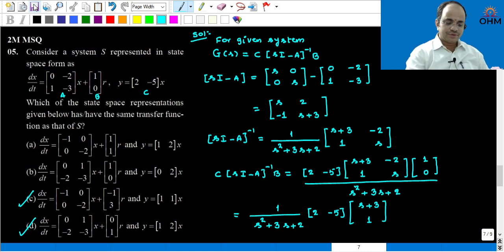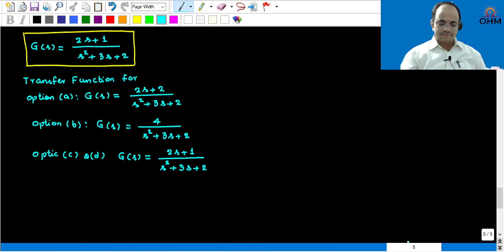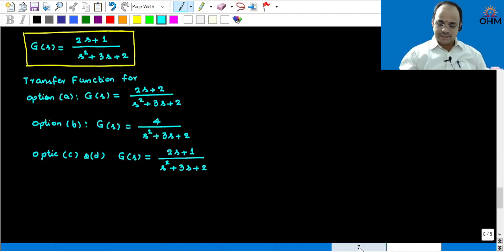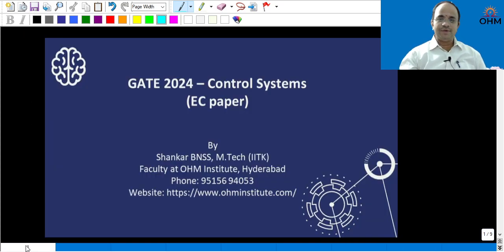Therefore, for this question, the answer will be C and D. Because it is an MSQ, multiple select question, one or more than one options will be correct for the given question. Therefore, C and D are correct. So, this is the question given in the GATE exam EC paper from the control systems subject.